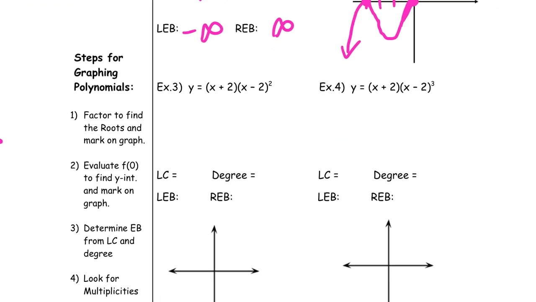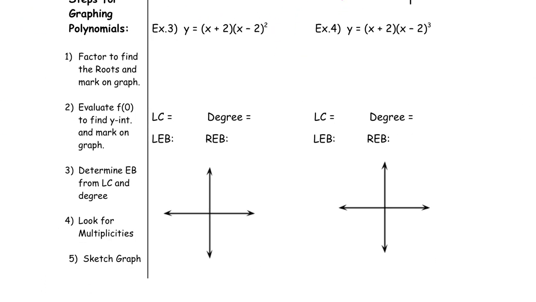Let's try some more. X plus 2, x minus 2 squared. What's the y-intercept? You don't have to guess. You don't have to try to do it in your head.